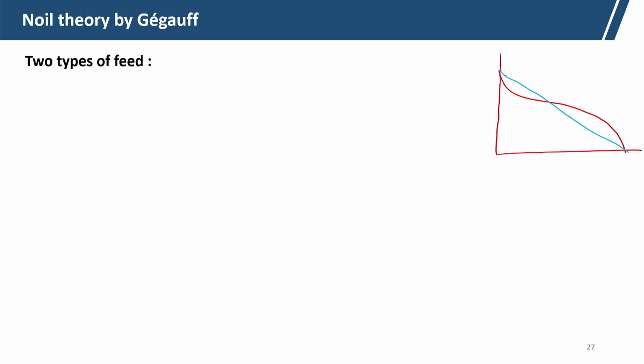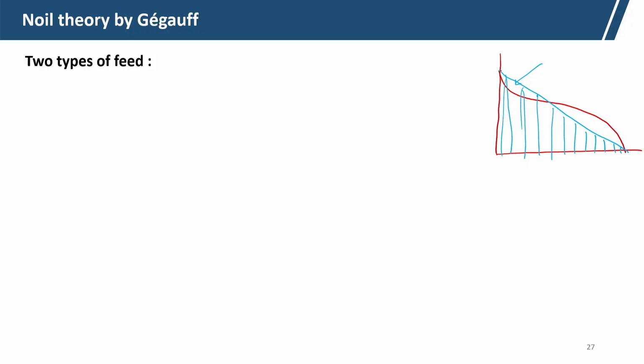This is the assumption used, because it helps us to calculate the approximate Noil percent geometrically.